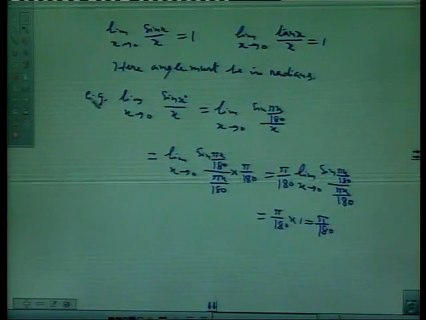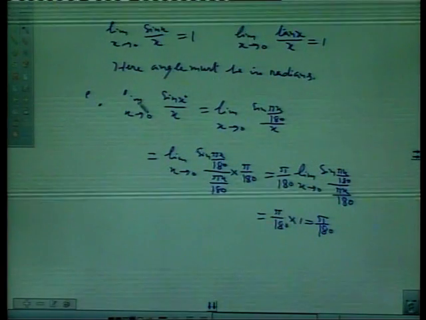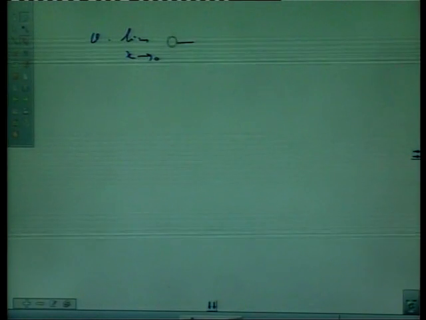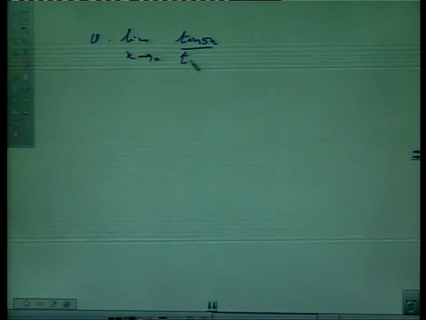Here is another example. The question is: limit x tends to 0, tan 5x upon tan 7x.